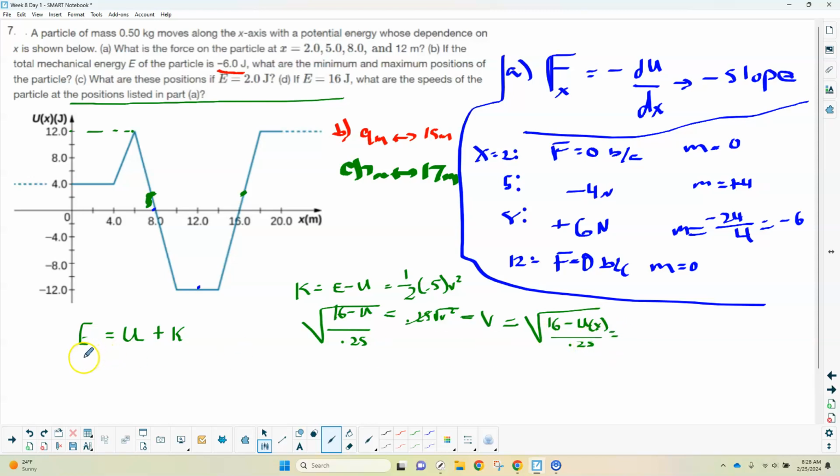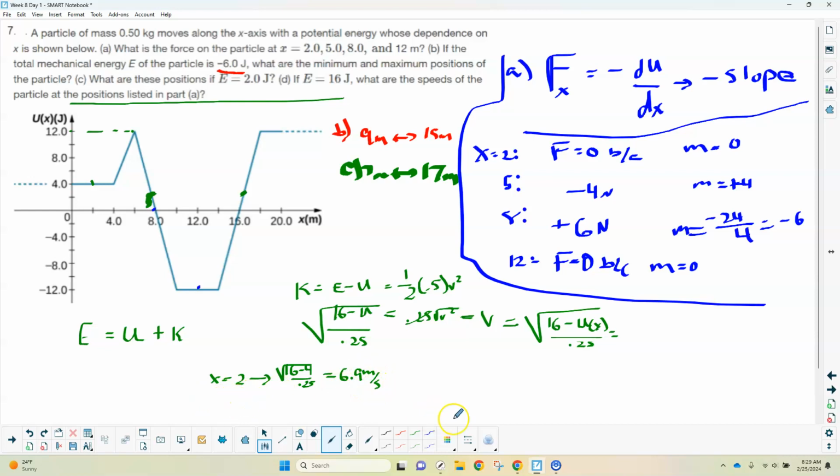For evaluating these positions, at x equal to 2 the potential energy is 4. So it would be the square root of (16 minus 4) divided by 0.25. For that one, I got 6.9 meters per second.